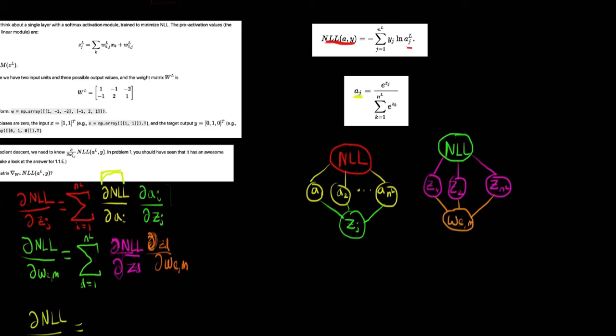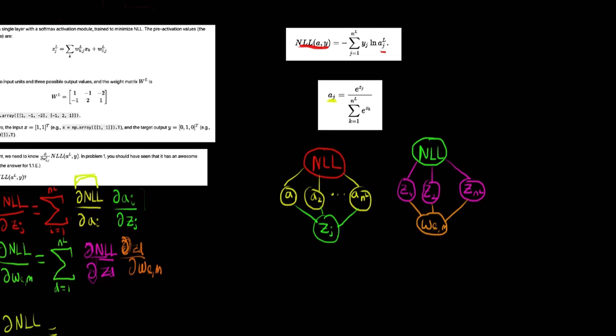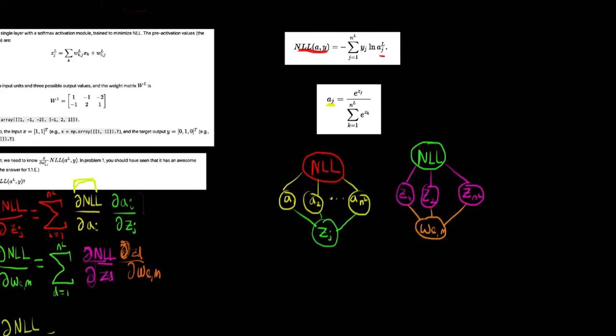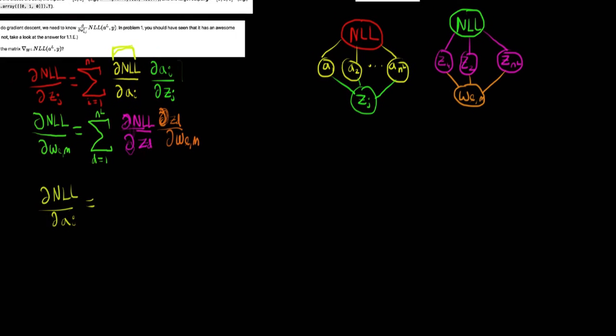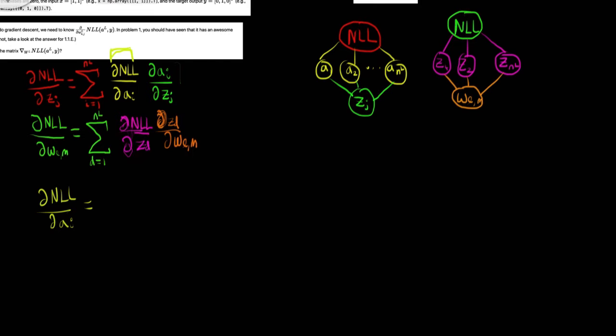So right here we have NLL is equal to the negative sum of yj times log of aj. So this is going to be the derivative with respect to AI of negative sum from j equals 1 to NL of yj log of aj.